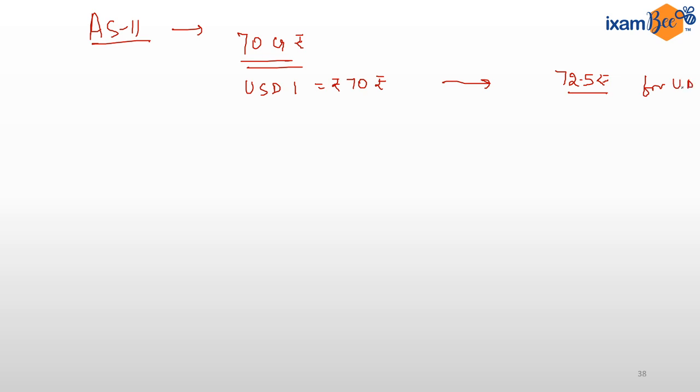That means the rupee got depreciated, and we were required to write down the effect of the change in the exchange difference. So the loss of 2.5 to the P&L account was the correct answer, right? Because you have to pay more now to the lender.